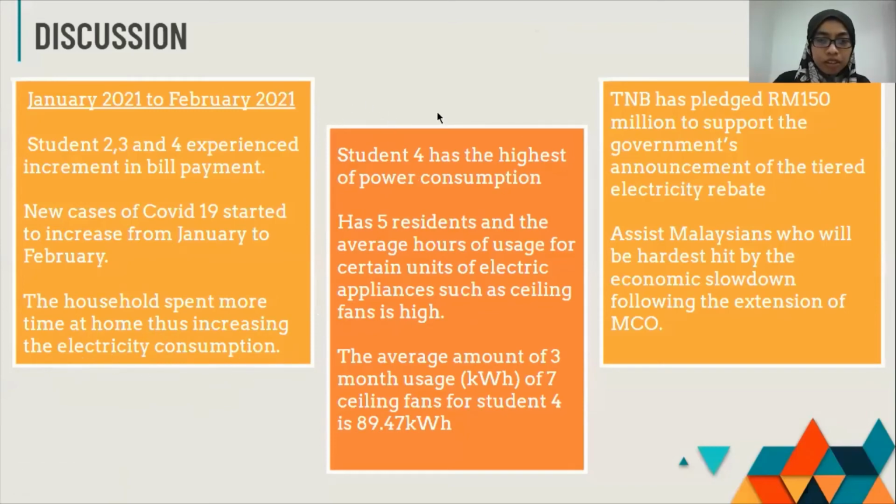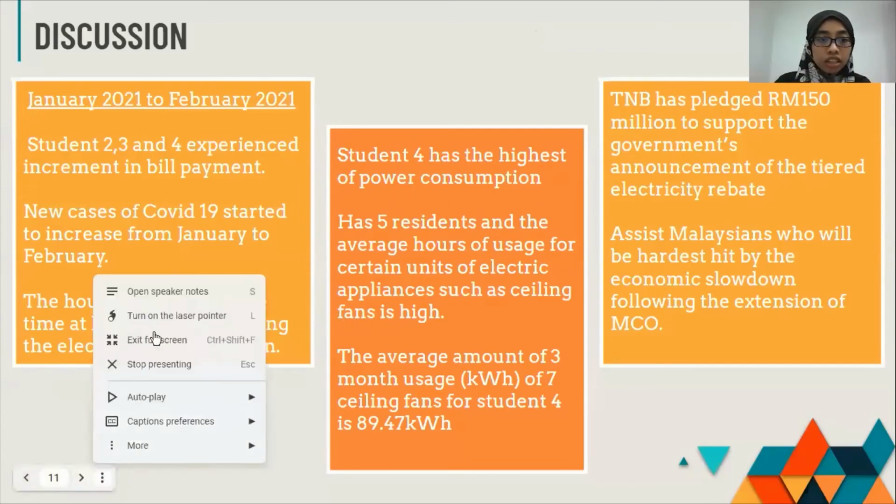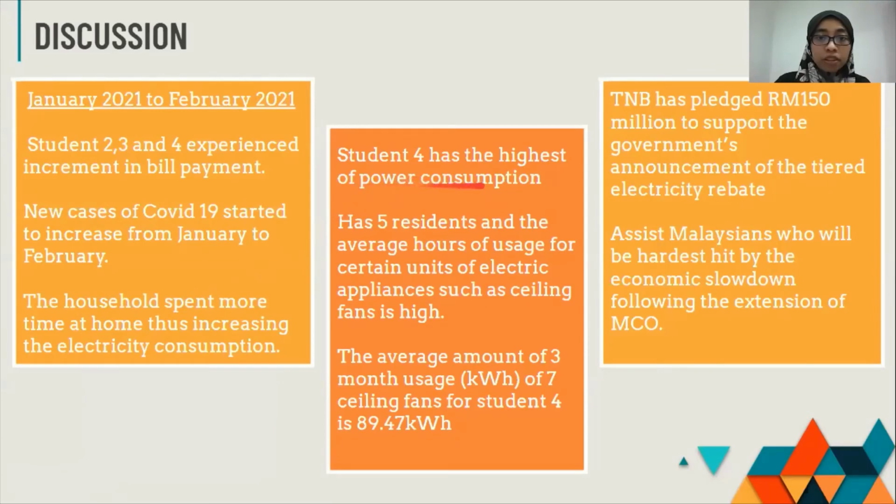Among all students, student 4 has the highest power consumption. This is because student 4 had a fire accident and the average hours of usage for certain electric appliances, such as the ceiling fan, is high.